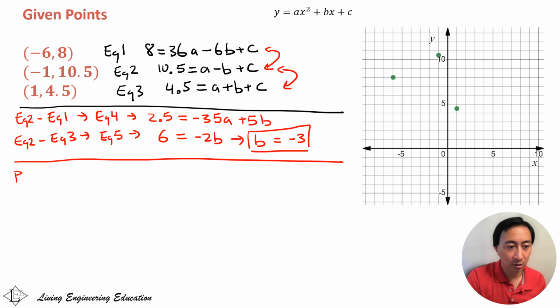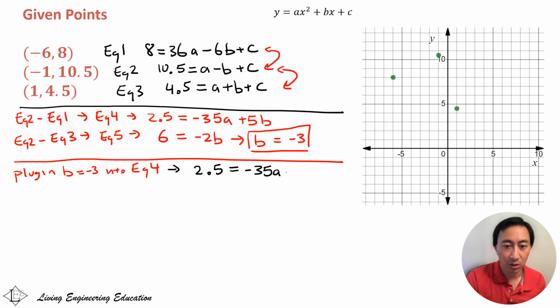Then we can plug in b as negative 3 from equation 5 into equation 4, so we can isolate our constant a. All right, so then this gives me equation 4, 2.5 is equal to negative 35a plus 5 times b, which is negative 3.